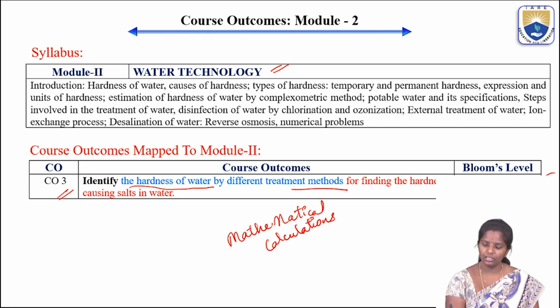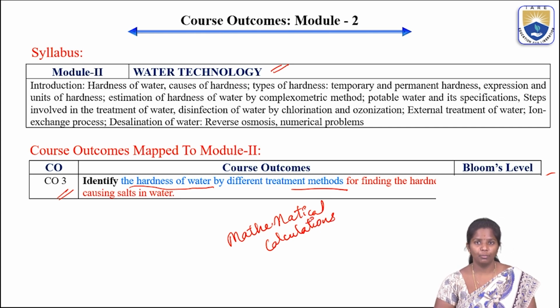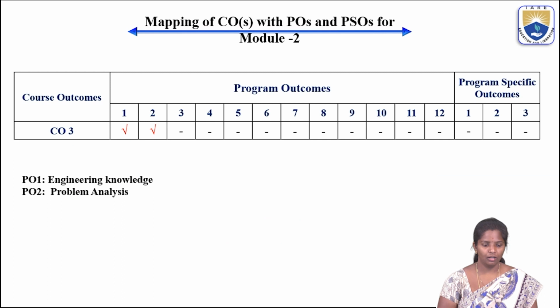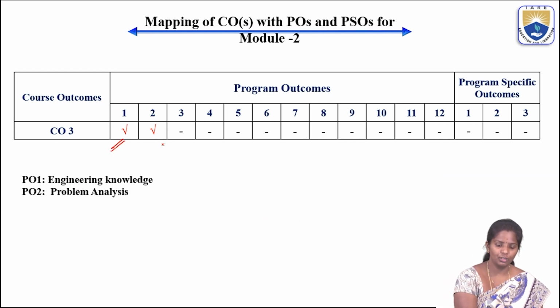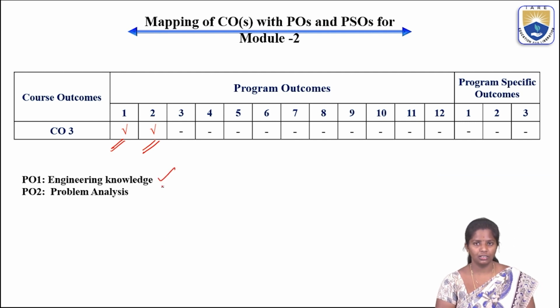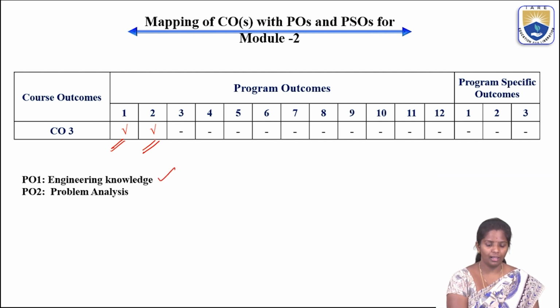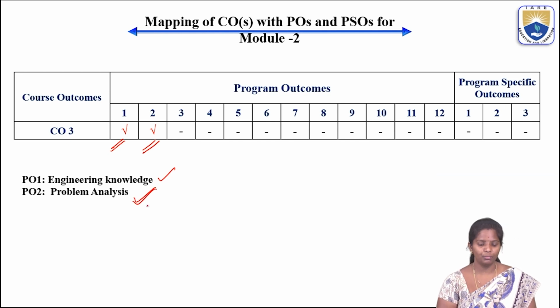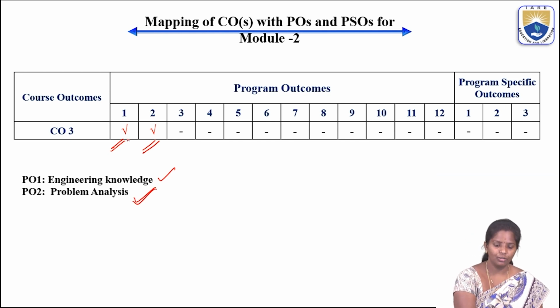So it is at the apply level of Bloom's taxonomy. If we take the POs, it matches with the first PO and the second PO, because we are imparting engineering knowledge and then using it for problem analysis. So it is matching with PO1 and PO2.